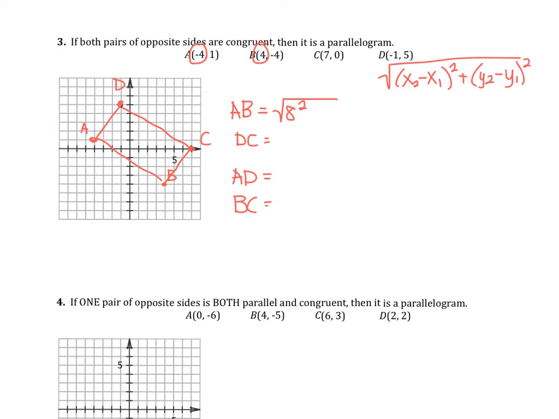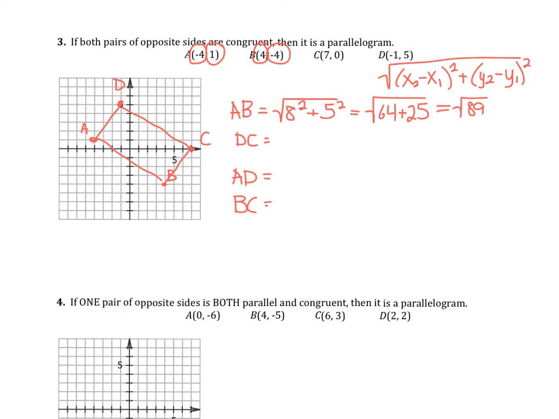That's the same thing as -4 minus 4 and then squaring that answer. Plus, now I do the same thing, 1 and -4. How far apart are those? 5 steps, and then I square it, giving me the square root of 64 plus 25, which is the square root of 89. I don't care if that simplifies or not, I'm just going to leave that as my answer.